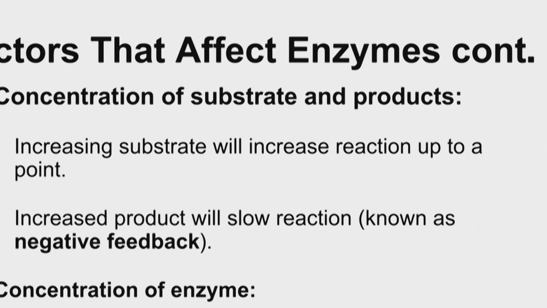Also, besides having reactant and product concentrations, you can increase the concentration of the enzyme. And that will speed up the reaction rate, once again, to a point, right? So if all of your enzymes aren't busy, making matches and doing jobs, then adding more matchmakers into your reaction will speed up the process, okay?